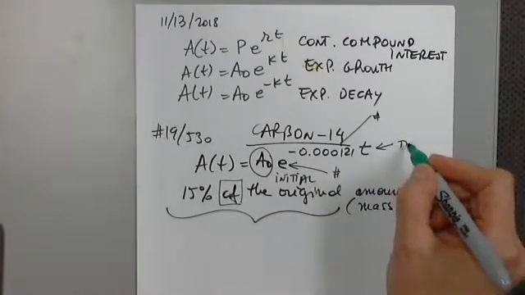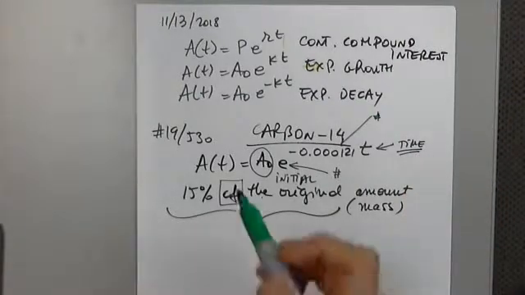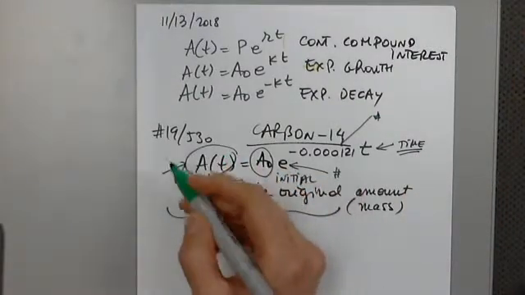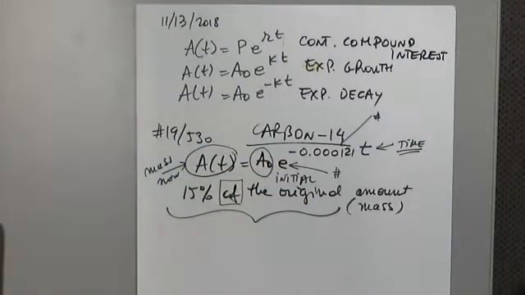T is the time. This is what we would like to determine. And this is the mass today, now, or at any point in time. So we are told that right now, the amount of carbon-14 on the paintings is 15% of what it was originally.